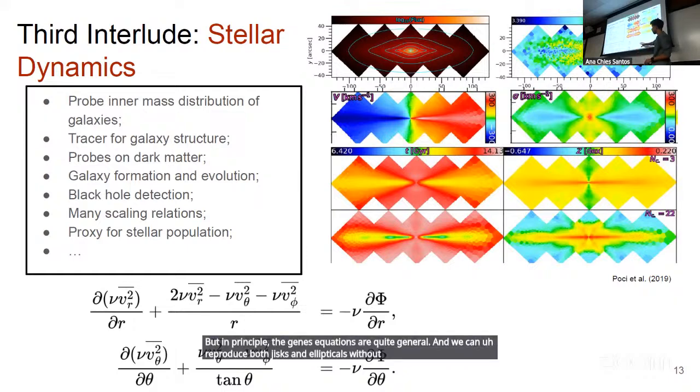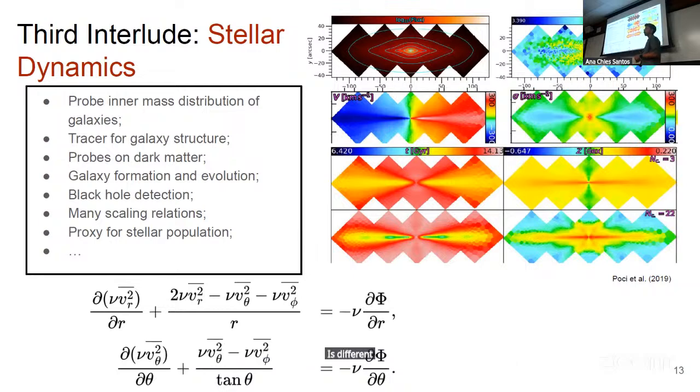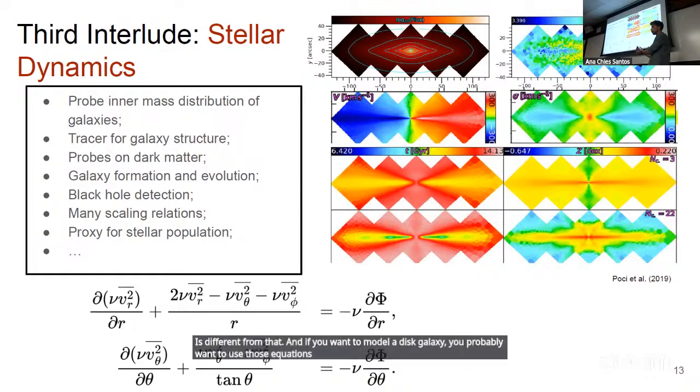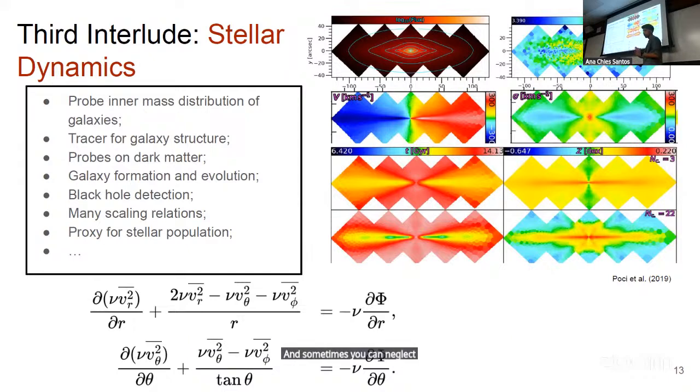This equation here, this two, is describing the second moment, which is a tracer for the velocity dispersion. There's another set of equations describing the velocity field. If you want to model a disk galaxy, you probably want to use those equations, because the velocity field is the dominant part, and sometimes you can neglect the dispersion.